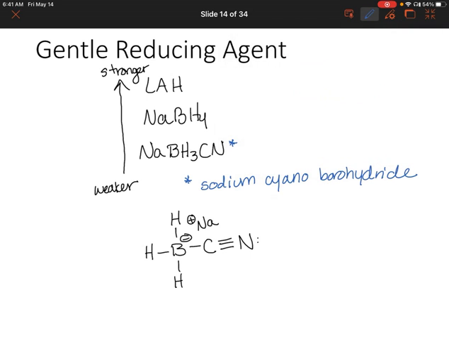Now, why is this reducing agent weaker than sodium borohydride? Why does that carbon-nitrogen group make a difference? Well, remember that cyano group is an electron withdrawing group. So that's going to reduce the strength of our hydrogen atoms as hydride groups. So this electron withdrawing group makes reduction slower.